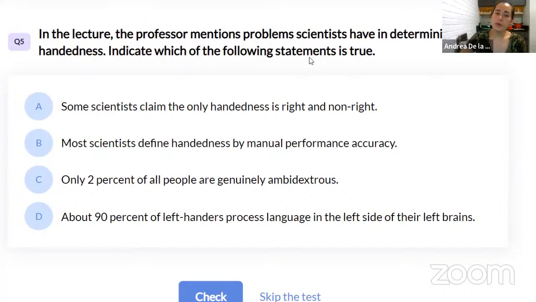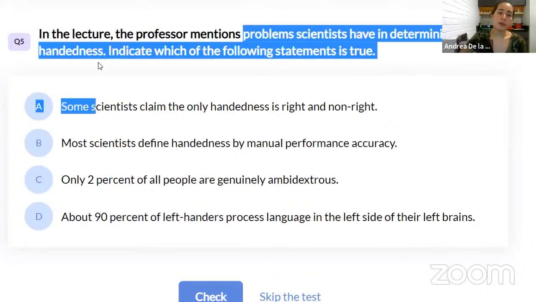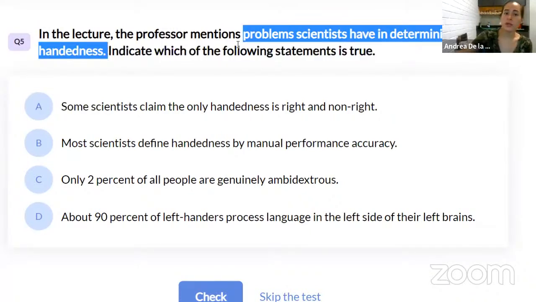Obviously, which of the following statements is true about the problems that scientists have in determining handedness, right? That's another way to phrase this question. It's a little bit oddly phrased. But basically, they're saying which of the following statements is true related to the problems that scientists have in determining handedness, because it's something that wasn't determined yet, right? We don't know what determines handedness. So what is a problem?